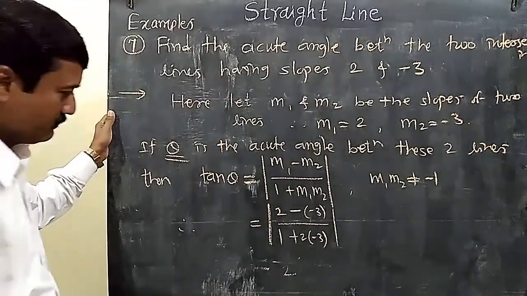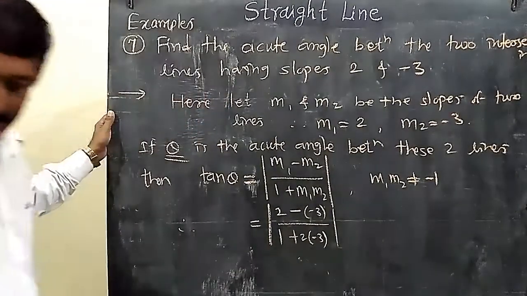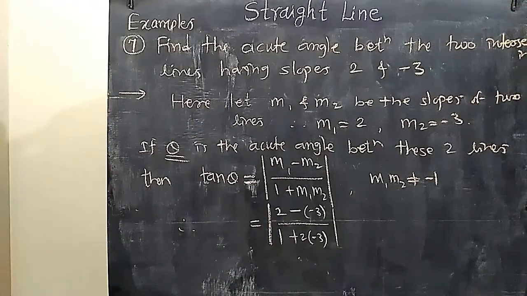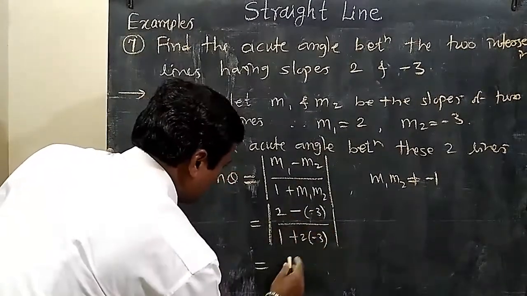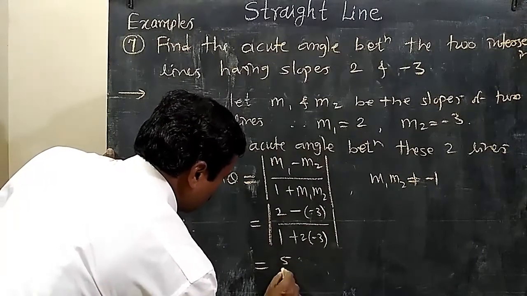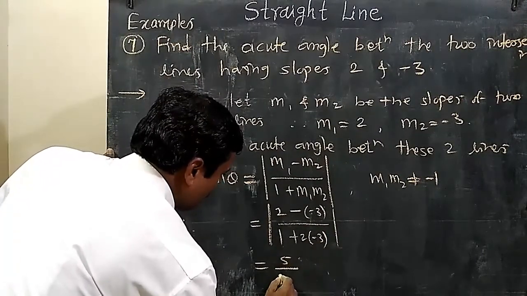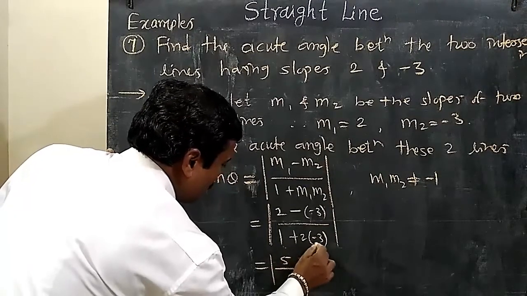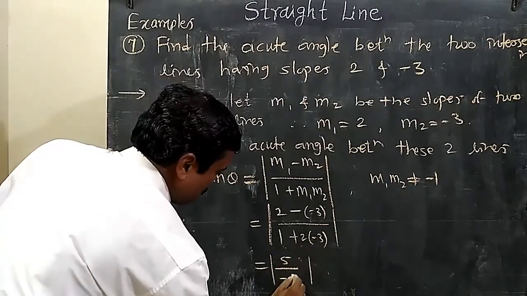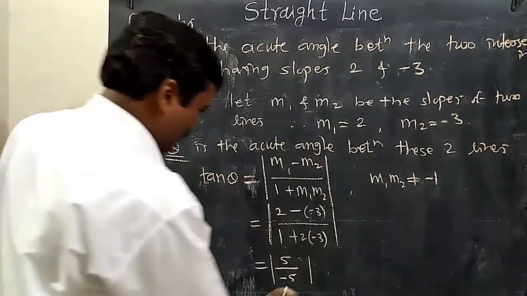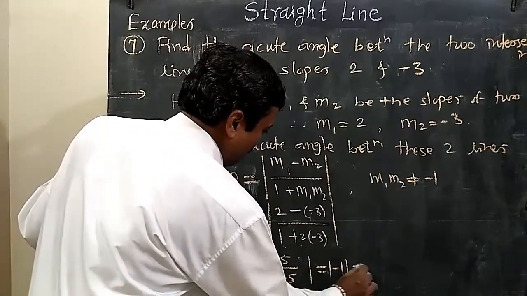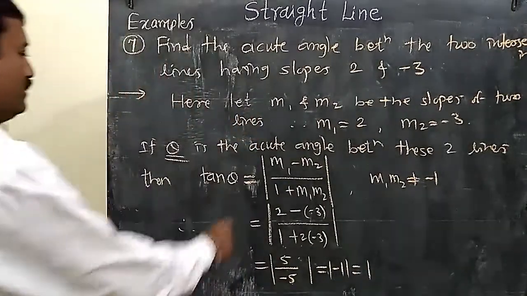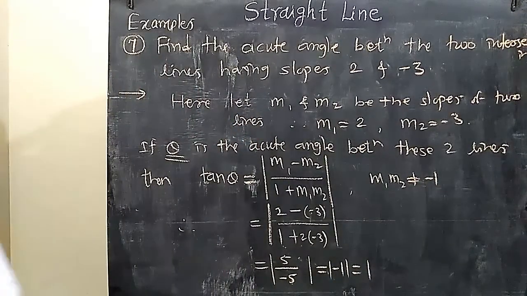So it is equal to 2 minus -3, that is 5, upon 1 minus 6, that is -5. 5 upon 5 is 1, so it is equal to mod of -1, and it is equal to 1. So here tan theta is equal to 1.